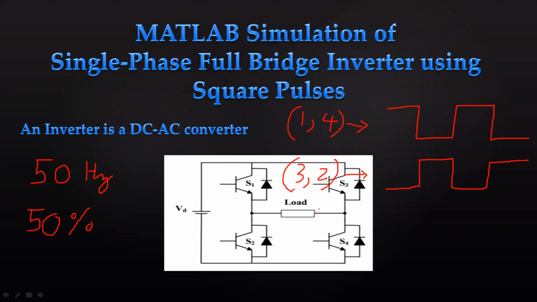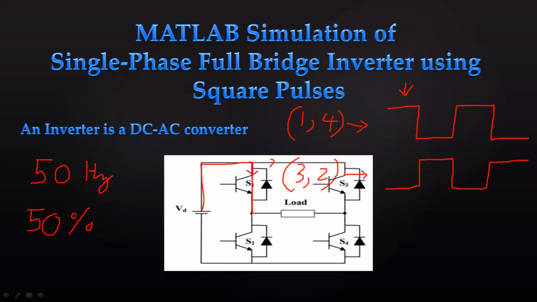Now let's see how the current in the load and the voltage across the load will react. During this half cycle, first and fourth are on and third and second are off. So our current will start from VDC. It will come here. It has two directions, but it will not go through the third one, as the third switch is off, that means it is open circuited. So all the current will go through the first semiconductor switch.